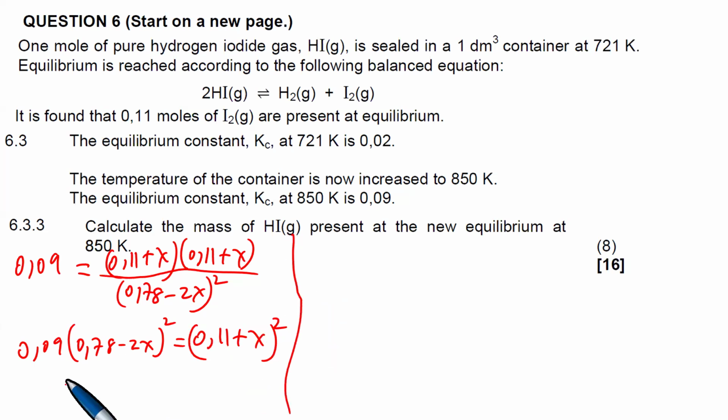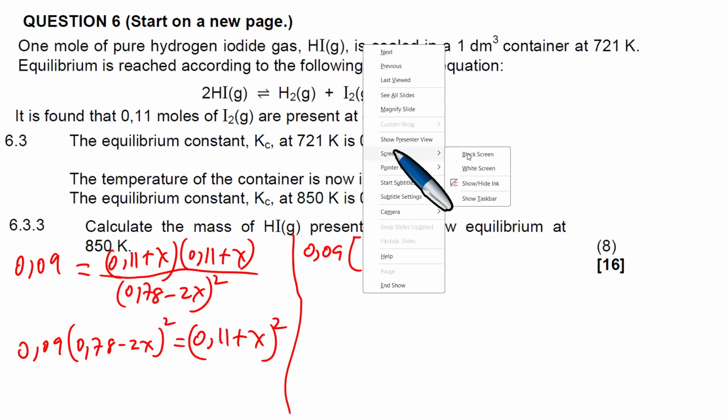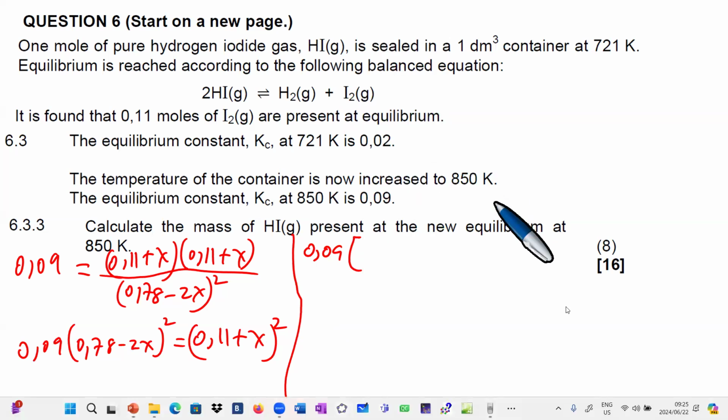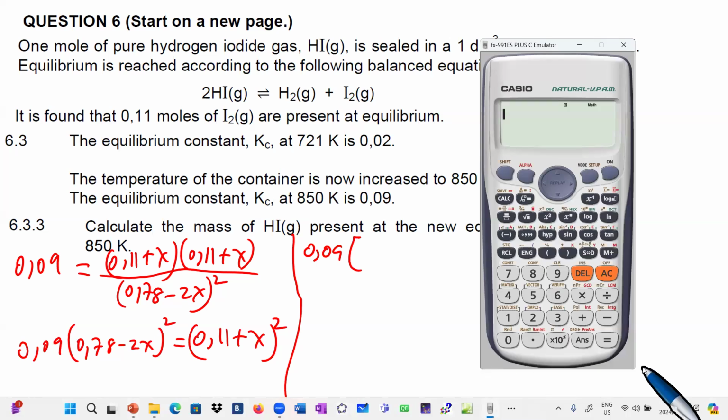Right, this is a quadratic equation. So it is 0,09, and then we square that, which is 0,78 squared. Let me just launch a calculator so that you can see how this thing is done. We need to do a couple of calculations.